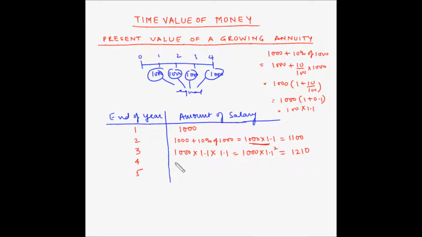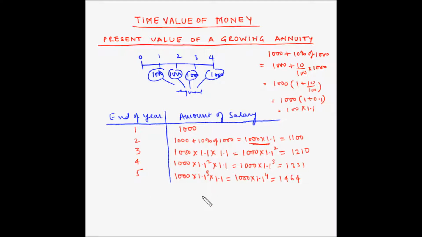Now for the fourth year, 10% increment on third year means 1000 into 1.1 square into 1.1. So 1000 into 1.1 cube, and this is equal to 1331. And for the fifth year, 1000 into 1.1 cube into 1.1, which is equal to 1000 into 1.1 to the power 4. This is equal to 1464.